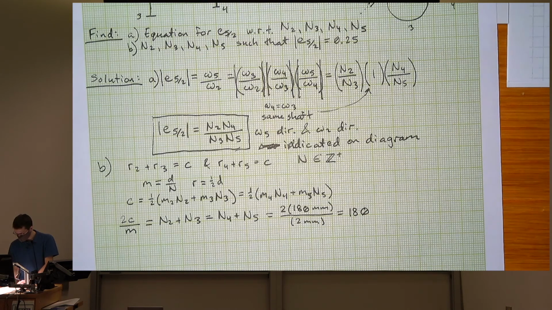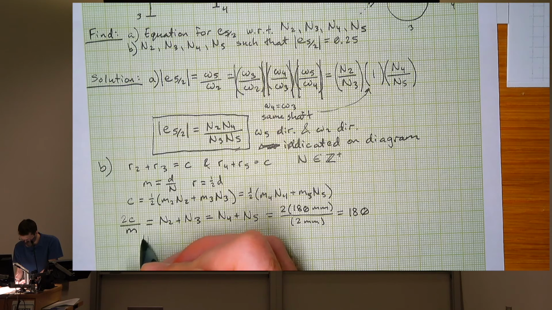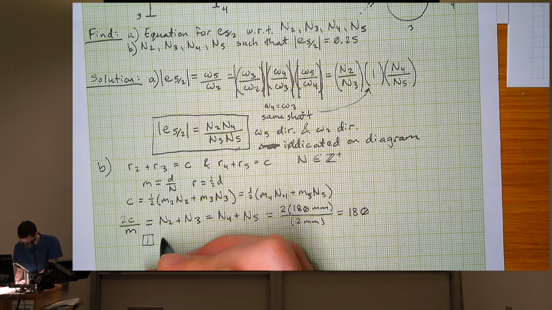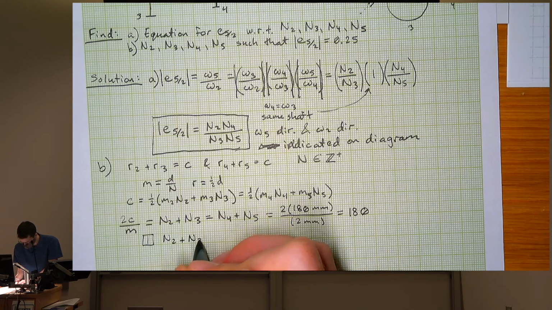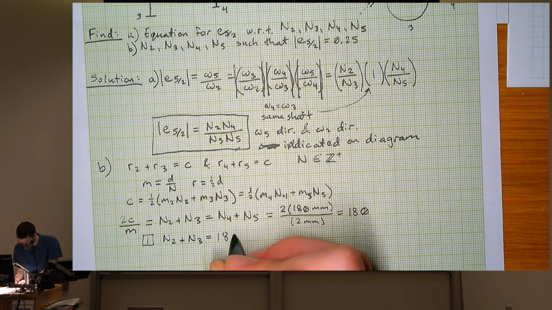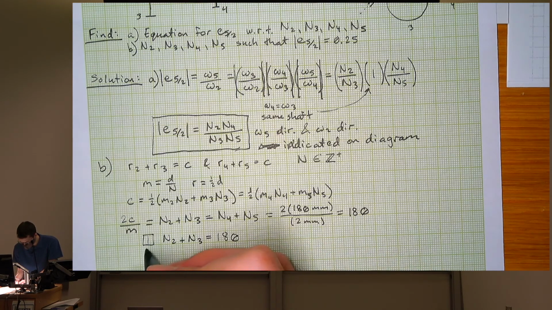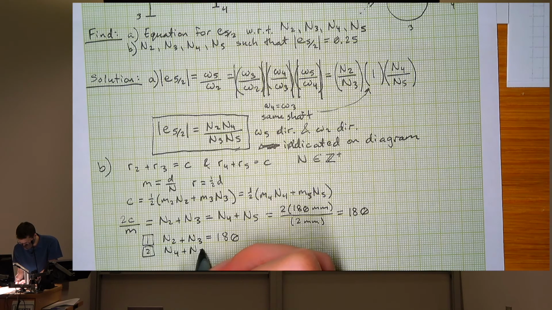Okay, so let's write out our constraints. We have equation number 1, n2 plus n3 is equal to 180. Constraint number 2, n4 plus n5 is equal to 180.